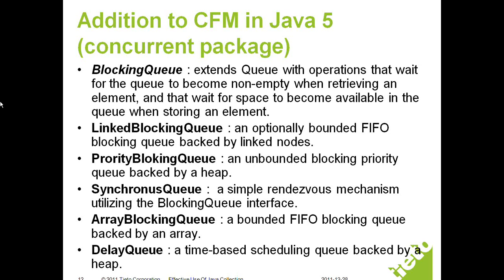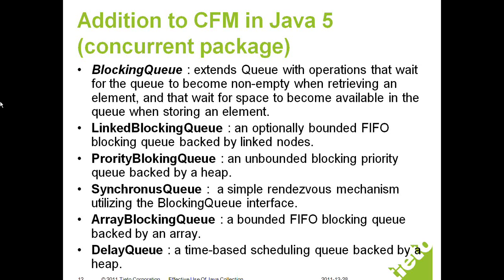So it is like a blocking call when you are pulling an element from a queue, and if the element is not available in the queue, your call will be a blocking call. Unless and until you get some element from the queue, your call will not get completed. So this is what a blocking queue is.